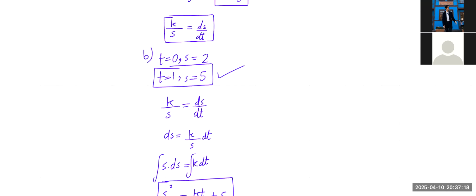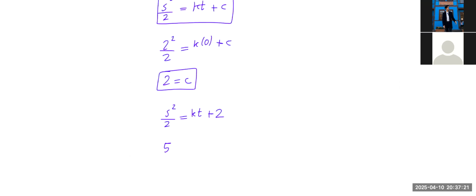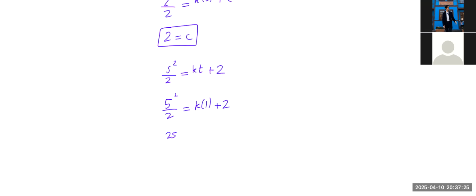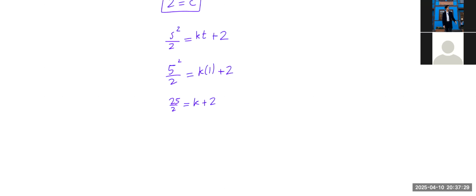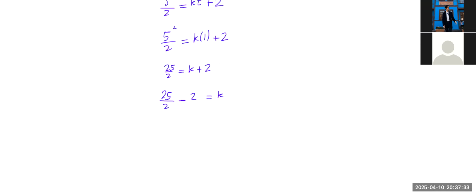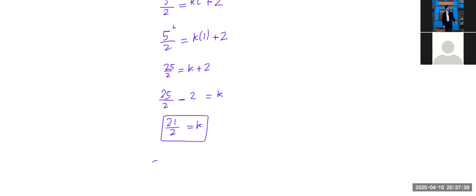So when s is 5, t is 1. So we have 25 over 2 equals k plus 2. If I subtract 2 on both sides, I have 25 over 2 minus 2 equals k, which gives me 21 over 2 equals k. That is my k value. And now I can finally say that my equation is this, plus 2.